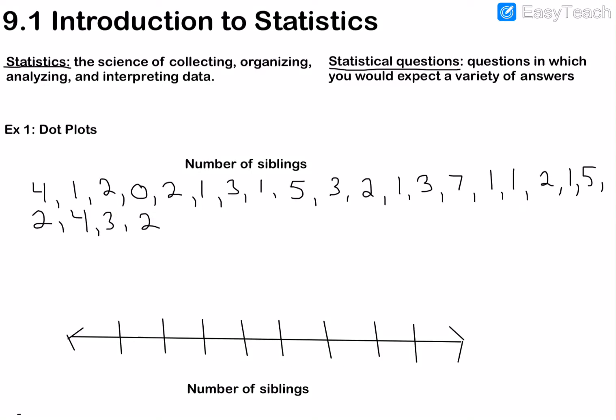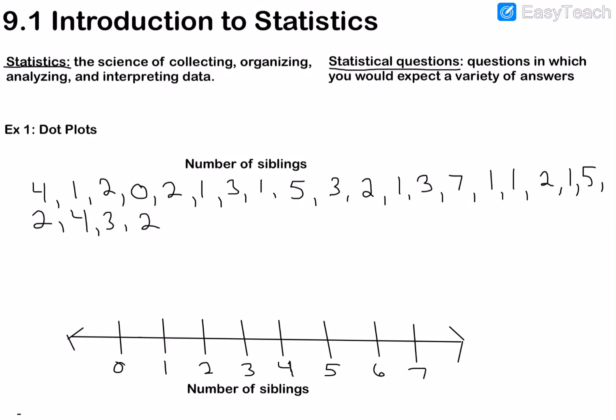Yes. So then I'm going to go ahead and label the number line. I will start with 0, 1, 2, 3, 4, 5, 6, and 7. And I also named it down here. I named it the number of siblings.